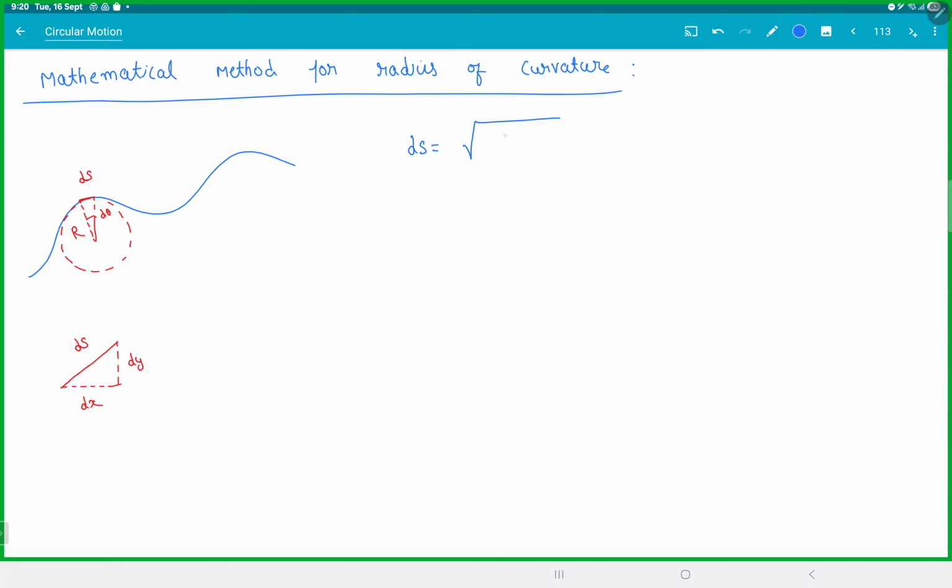So ds is root over, by Pythagoras theorem, dx square plus dy square. So ds can be written as r into d theta, arc length. Take out dx common. You end up with 1 plus dy by dx whole square. So from here we get r is equal to dx by d theta, times root of one plus dy by dx whole square.